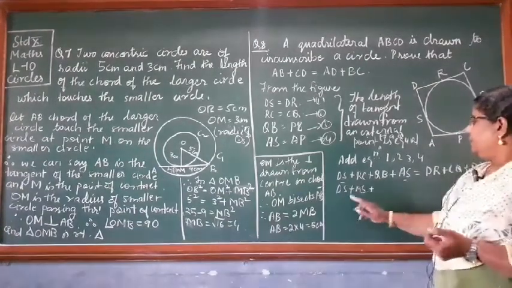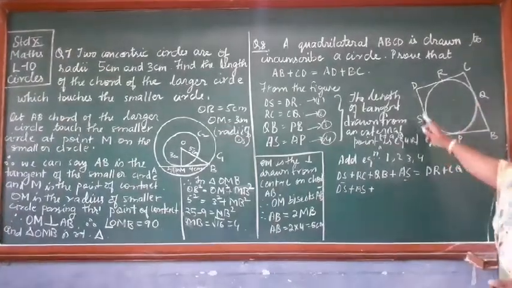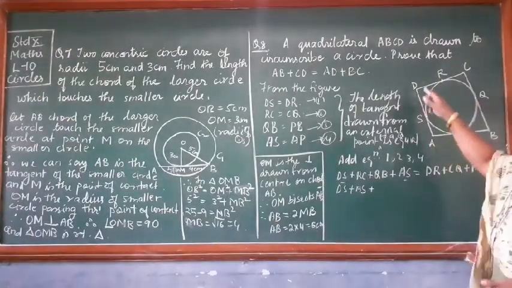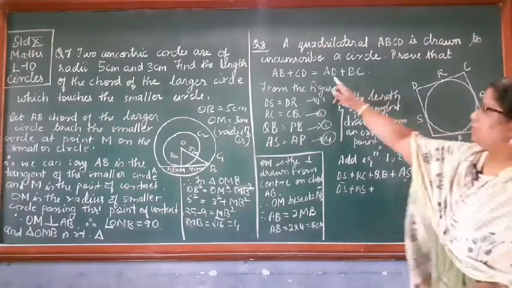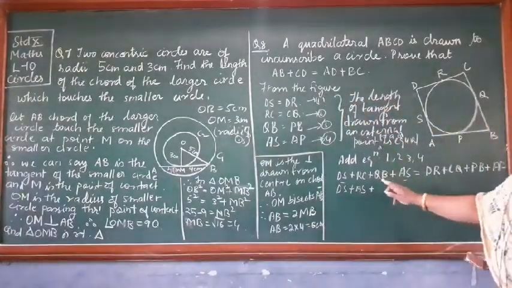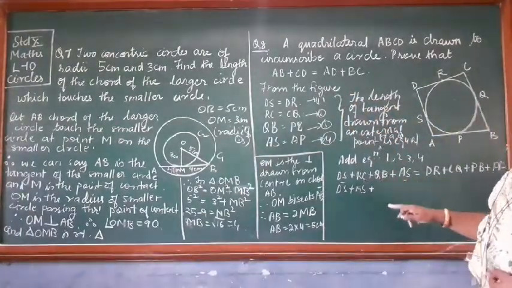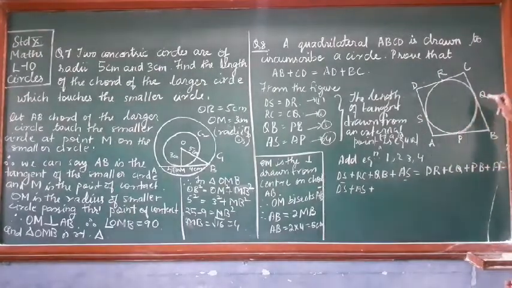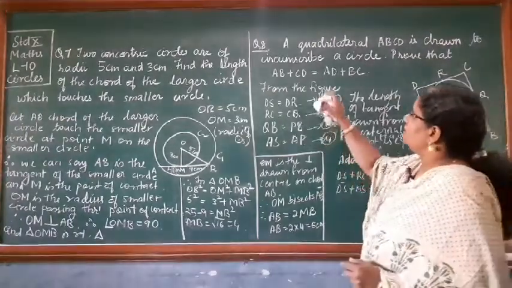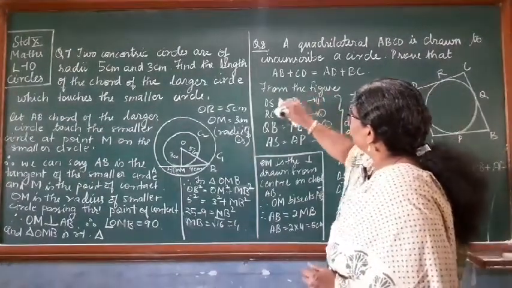Now look here, DS plus AS, it will give you the side AD that is required here, okay, but QB and RC, that is not matching, isn't it? That is QB and RC. So here we will make a small change so that we can get our things correctly. Instead of writing RC is equal to CQ, I just change it.